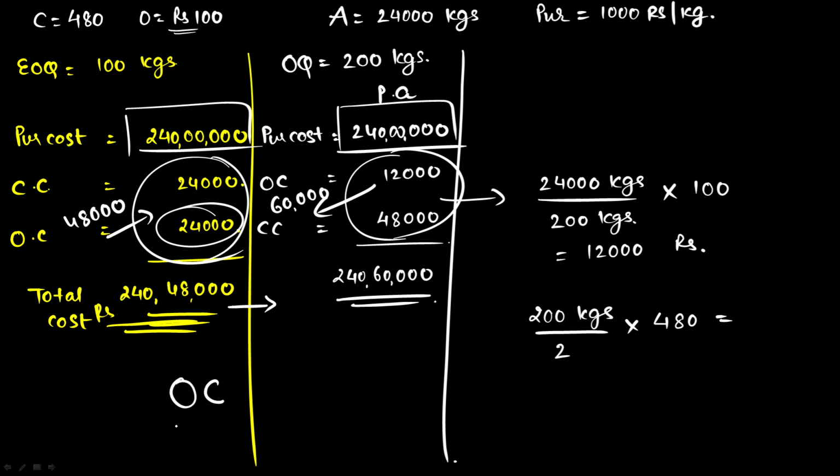Ordering cost and carrying cost are termed as associated cost. So how many types of cost are there? Two. Purchase and associated. One is to purchase the raw material. One is associated with purchasing of raw material.